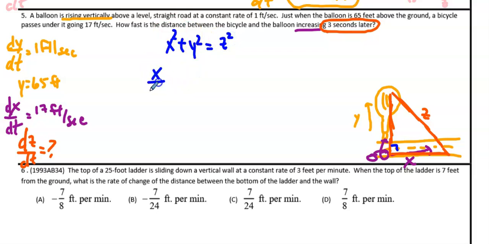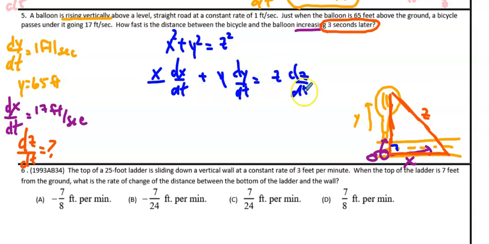Just like in the example we just did, I'm going to do my implicit differentiation on these problems, like so. And x, we're not given that. We don't know what x is. We know y right now is 65 feet. Hint, hint, not exactly. And then we don't know what z is.